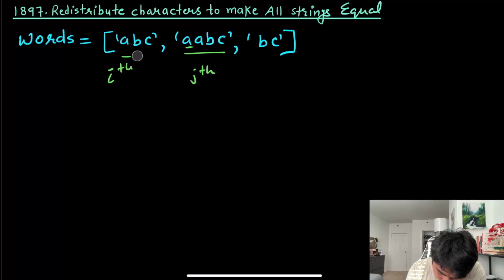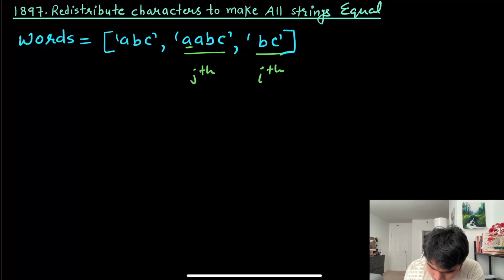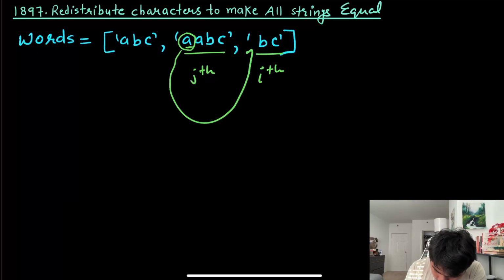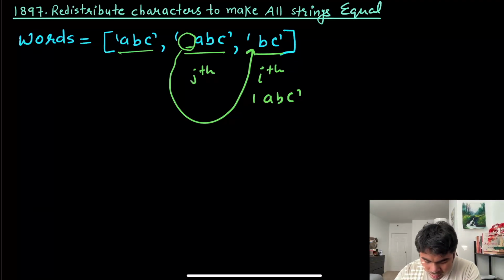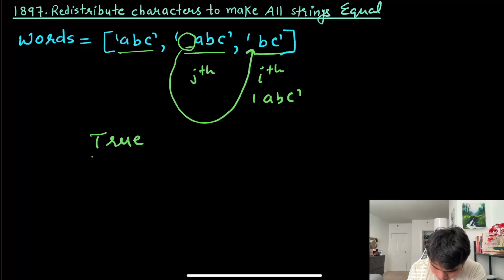Let's say instead of choosing the first one as ith, I'll choose this one as ith, and then let's choose this a and move it to the beginning of the third string. If I move that, then I will turn this third string into a, b, and c, and we will get rid of this a from here. So now if you see, all the strings have become equal. So we can return true.